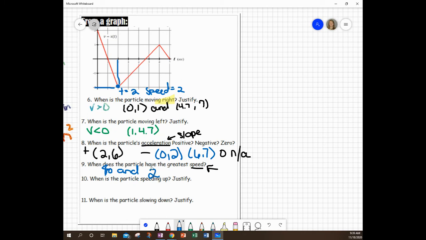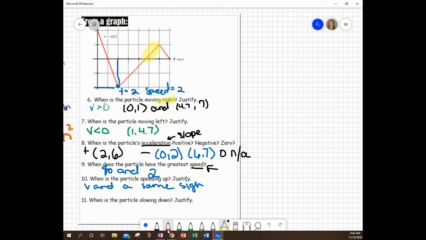Okay, when is the particle speeding up? Remember, speeding up means that your velocity and acceleration have to have the same sign. So what that means is that if it's above the x-axis, it also has to have a positive slope. So when are they both positive? Well, look, from here to here, not only is the velocity above the x-axis, but it's also increasing, right?